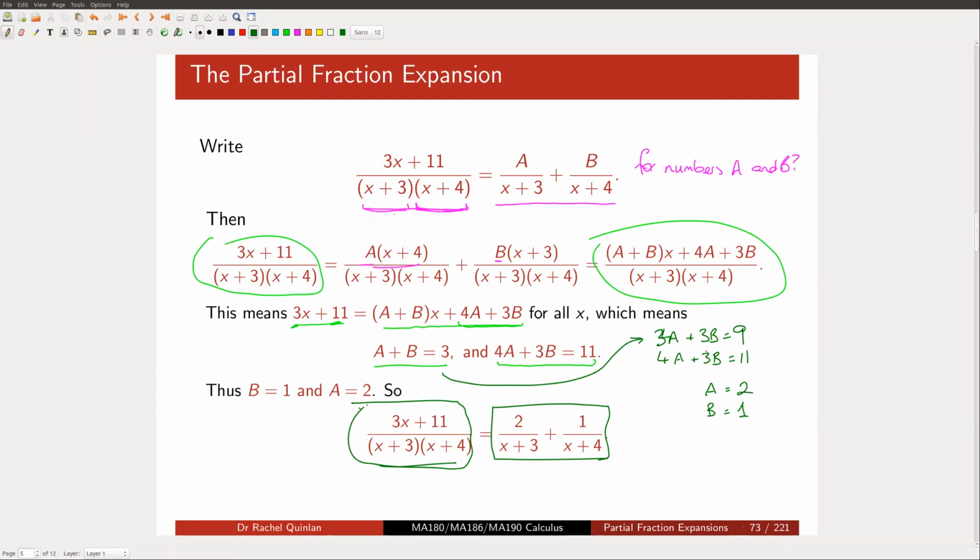So it's a sum of fractions involving the various factors of the denominator. Obviously that can be more complicated, there can be more factors involved, but the basic approach is the same. The concept is captured by this example.